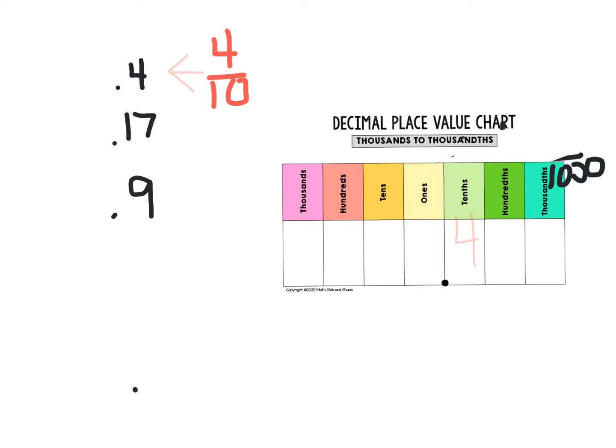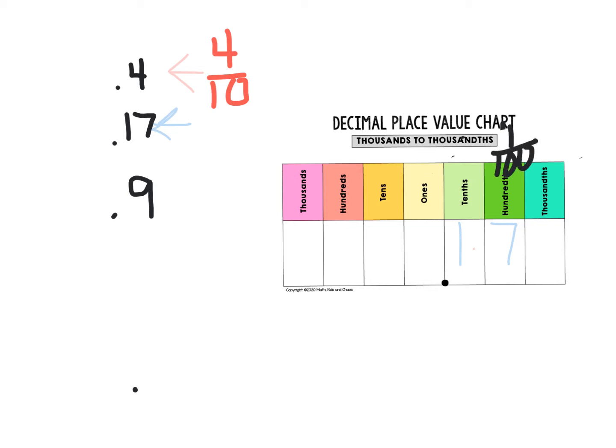Let's try it again with our next decimal, decimal 0.17. How would we say this? Well, we would say this as 17 hundredths. So if we have 17 hundredths, that ends in the hundredths place, which would be 1/100.